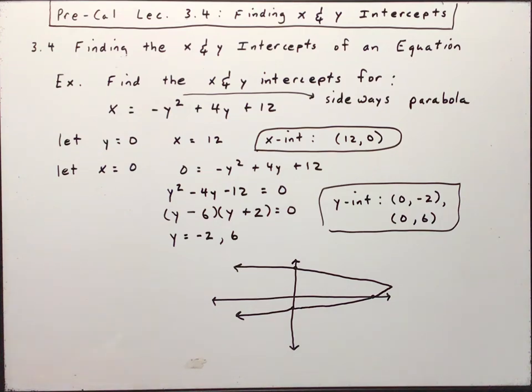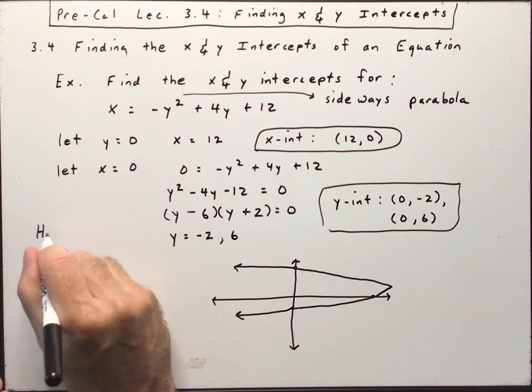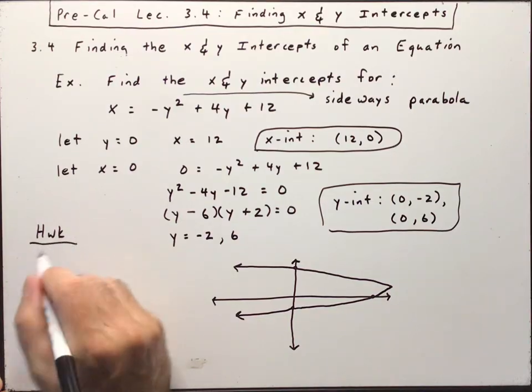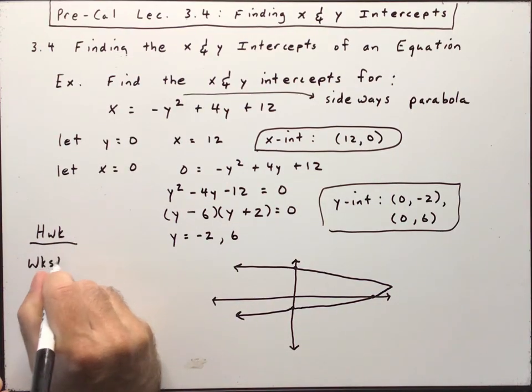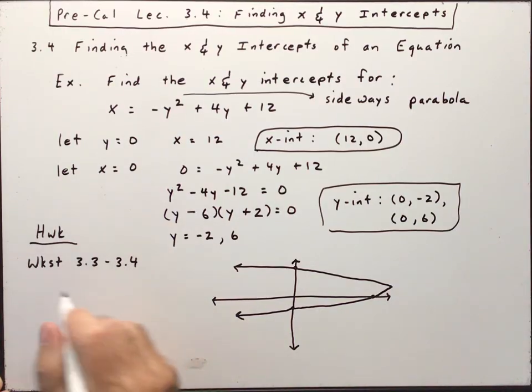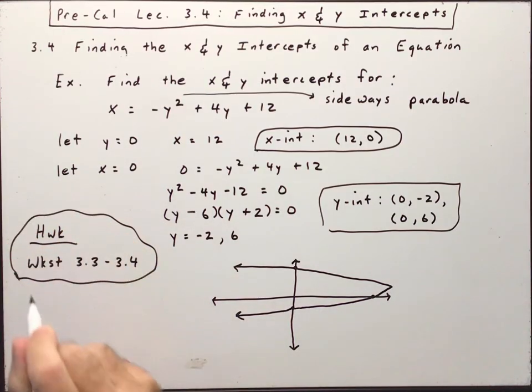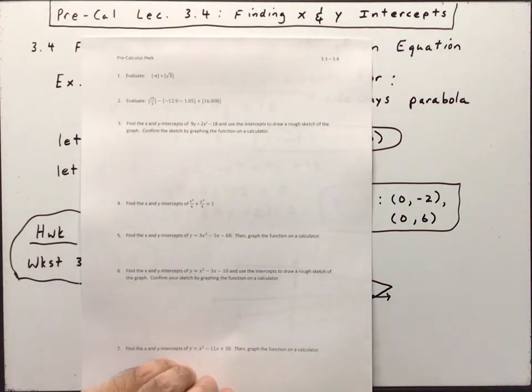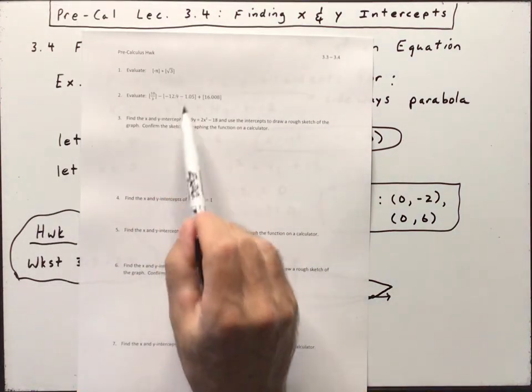Okay, the homework is going to be worksheet 3.3, 3.4. I just want to take a look at that real quick. So the first couple of them are greatest integer problems.